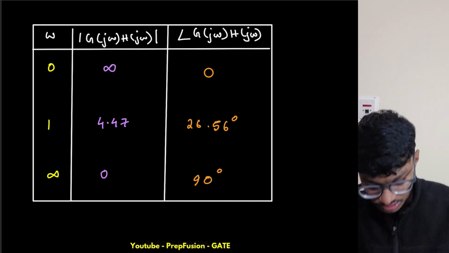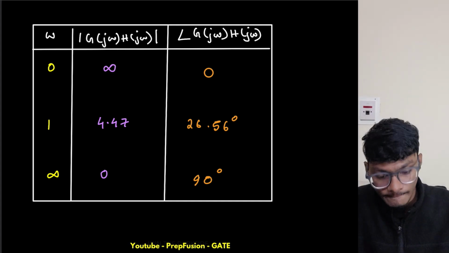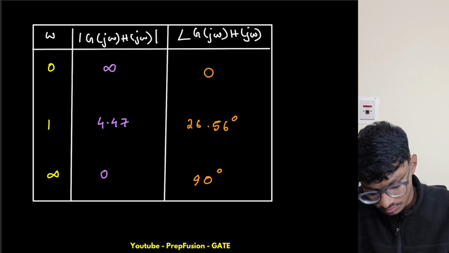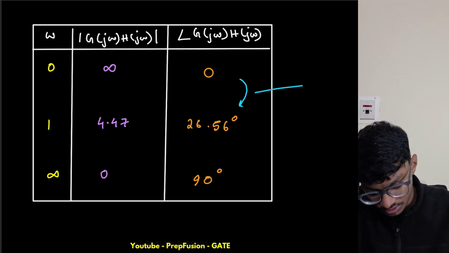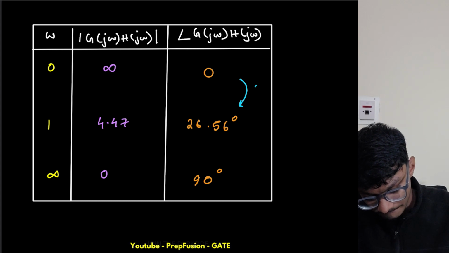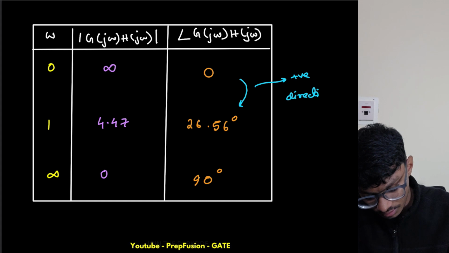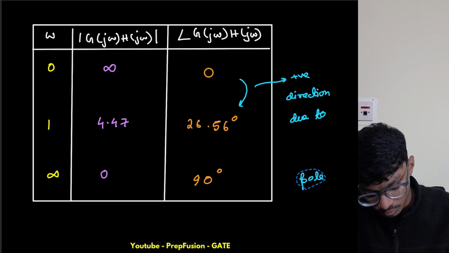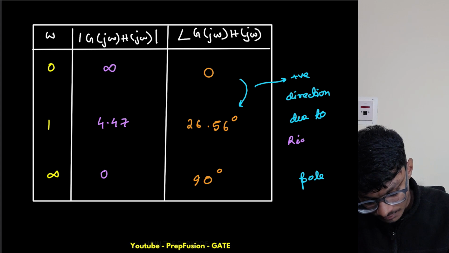Okay, so this is the polar plot, and what I am seeing is this is going in the positive direction due to the right hand side pole. This is very important.